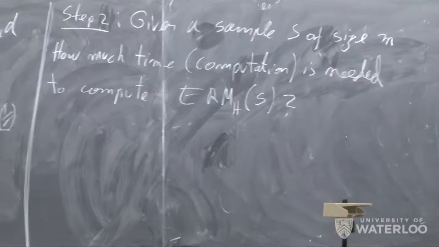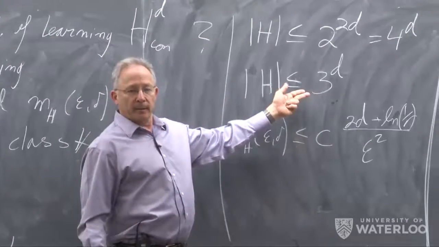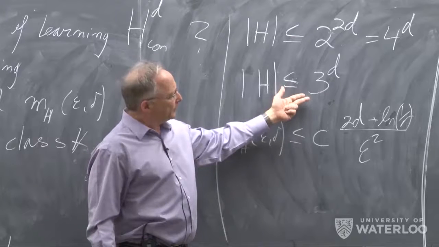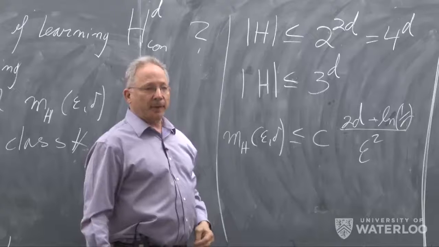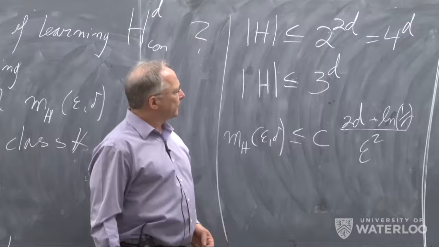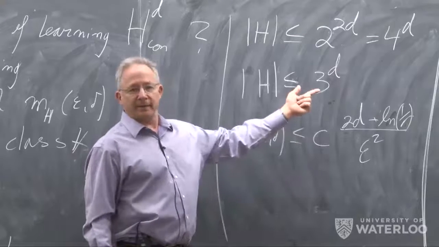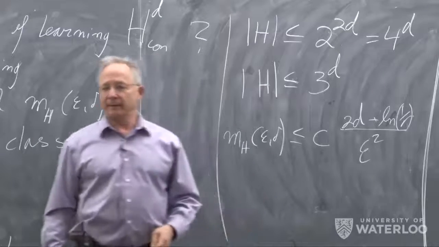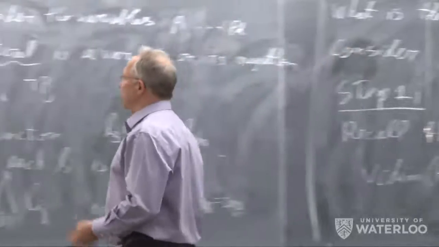Because I know that the size of the class is something like this, if I go over all of them, I'll need 3 to the d many steps. I can do better than this. I can do a number of steps which will be only polynomial in d.